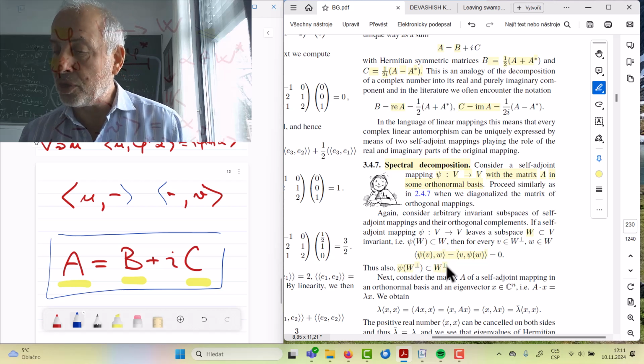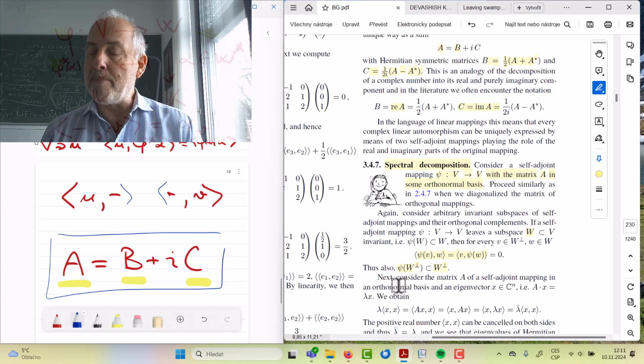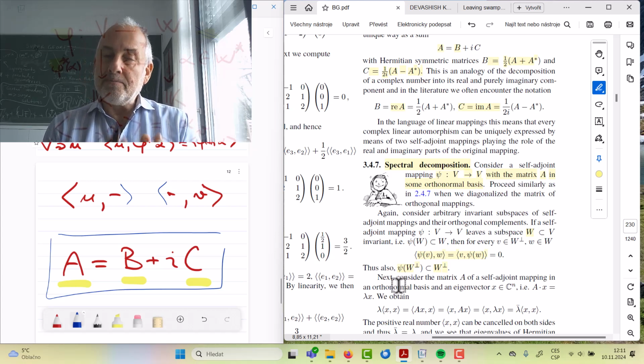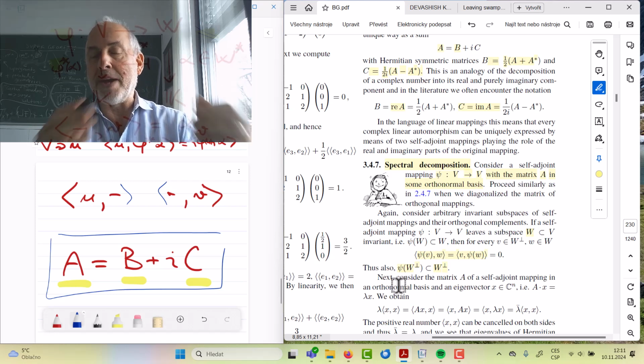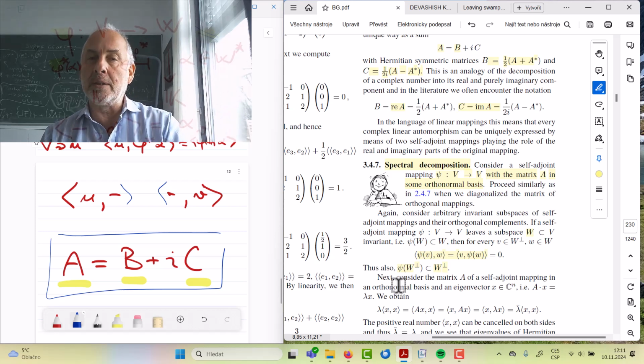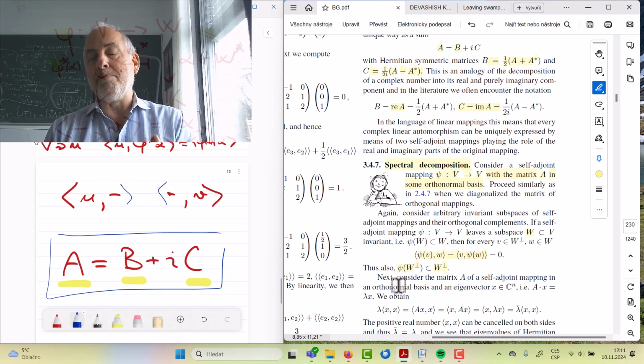That's crucial, because then, of course, as before, we can repeat the argumentation with the orthogonal mappings or the unitary mappings, and show that there always will be an orthonormal basis where the matrix is diagonal, and on the diagonal you have the eigenvalues. So the geometric multiplicity of the individual eigenvalues must always be the same as the algebraic one.